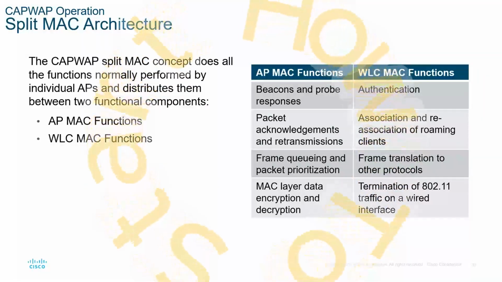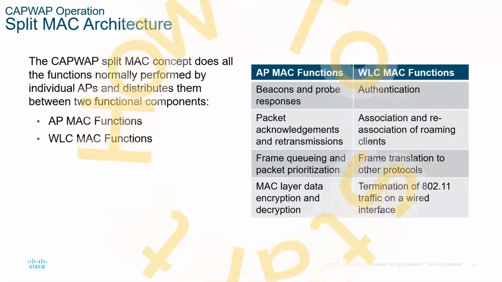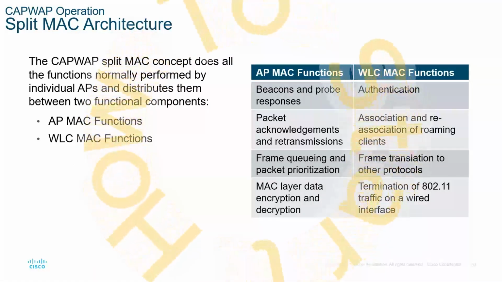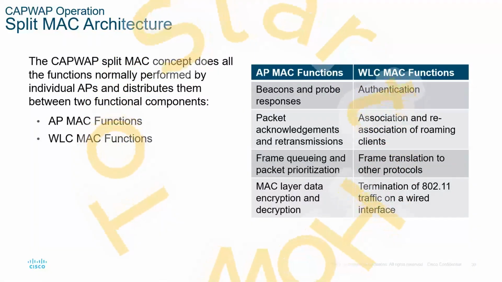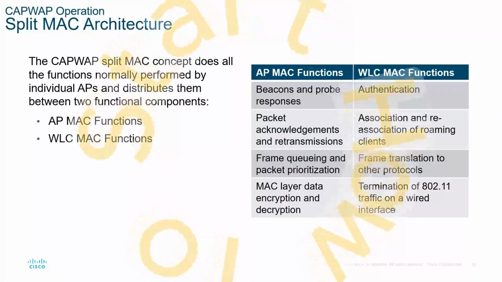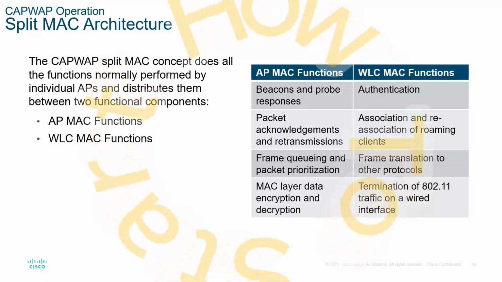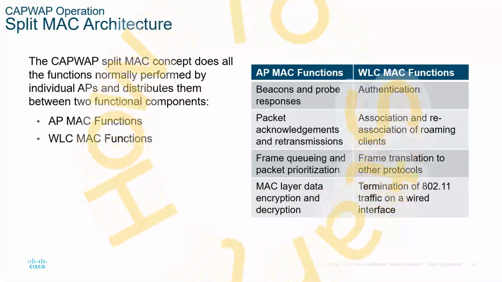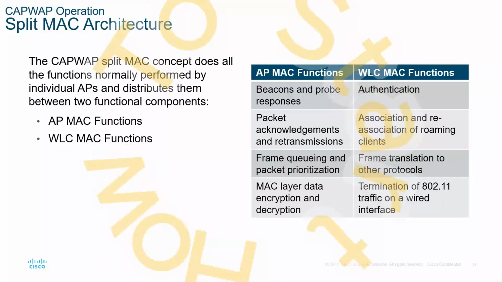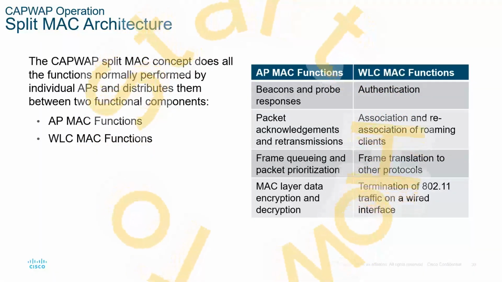We can have what's called a split MAC architecture. Basically, this concept takes all functions normally performed by an individual access point and distributes them between two functional components, an access point MAC function and a wireless LAN controller MAC function. Things like beacon and probe responses are on the AP. Things like authentication are on the LAN controller.